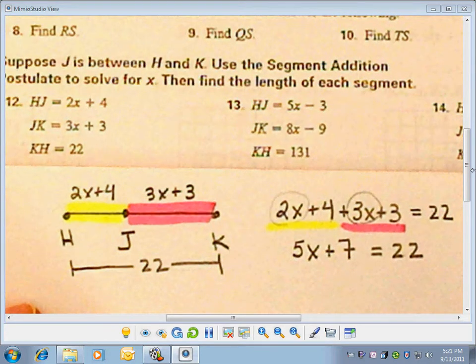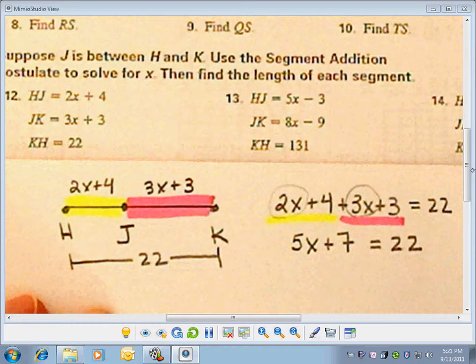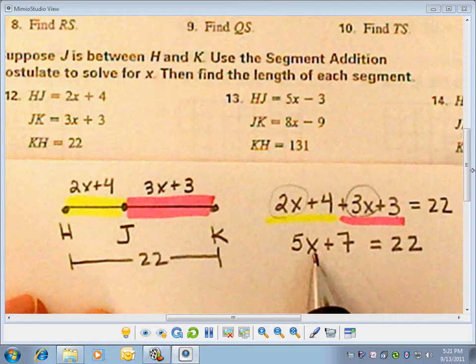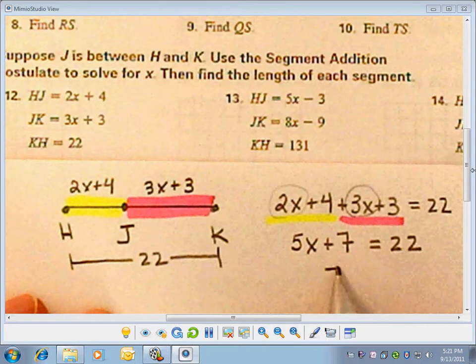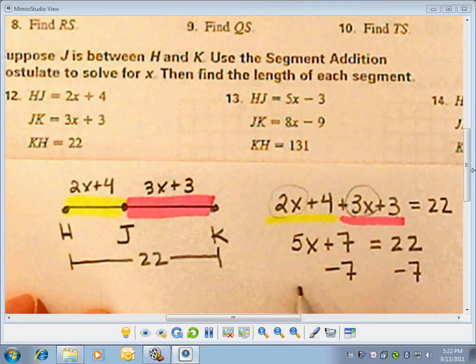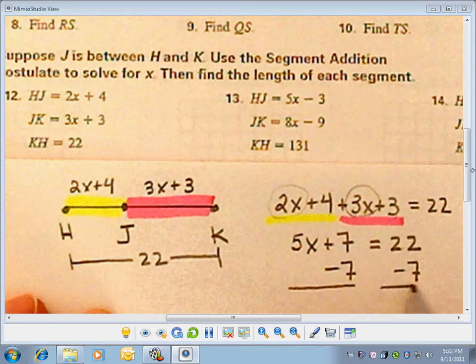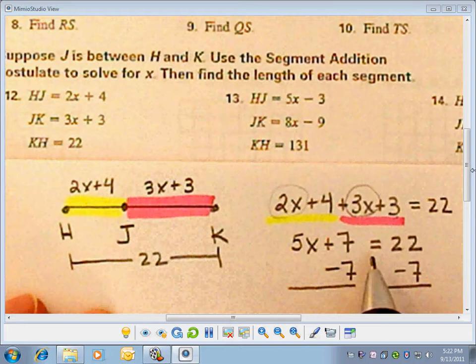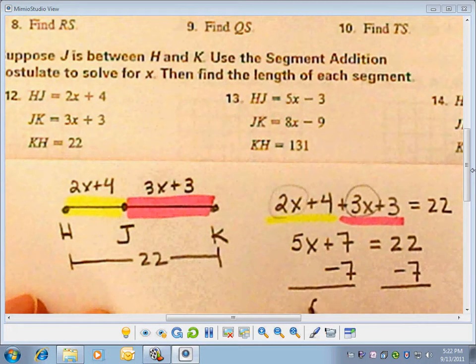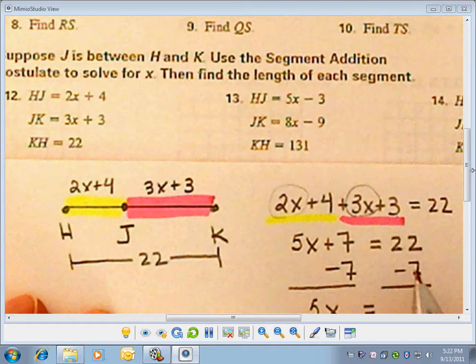Now I have to solve for x. So I have to get rid of what's being added to x first. So I'm going to subtract 7 from both sides of the equals. So that becomes a 0. So I'm left with 5x on this side. And I'm left with 15 on this side.